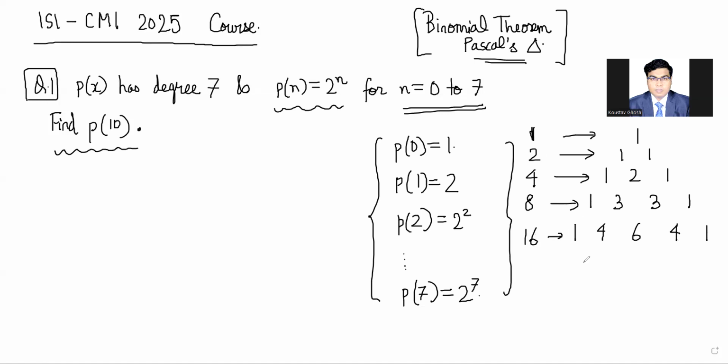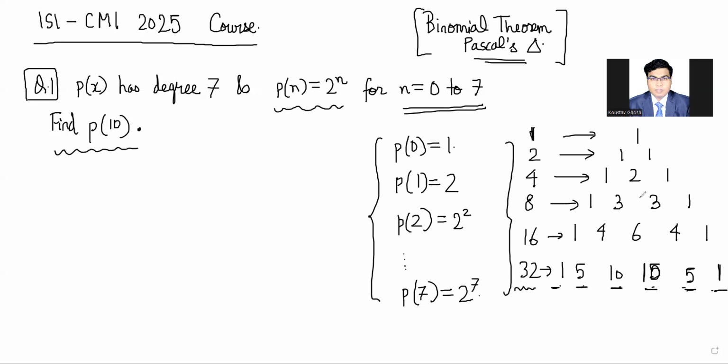Can you see a pattern? If you take the next row, 1, 5, 10, 10, 5, 1, the sum is 32.